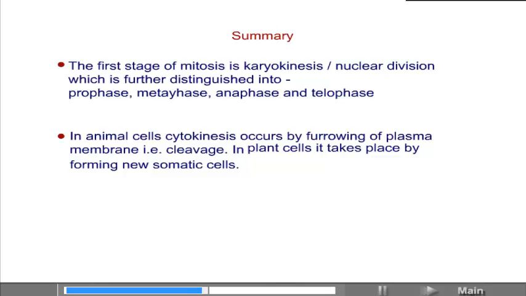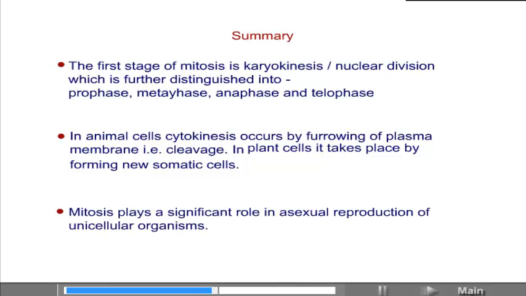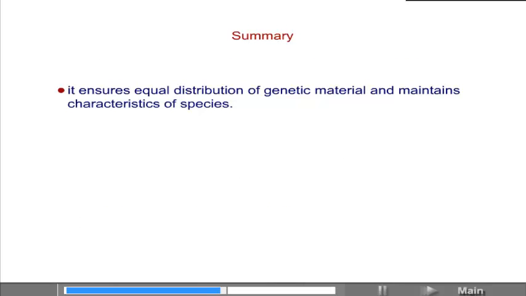Mitosis plays an important role in growth, development, healing and repair of multicellular organisms by forming new somatic cells. Mitosis also plays a significant role in asexual reproduction by unicellular organisms. It ensures equal distribution of genetic material and maintains characteristics of the species.